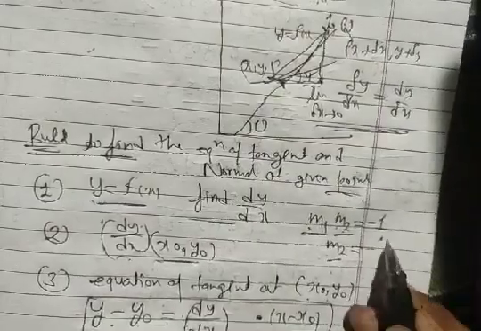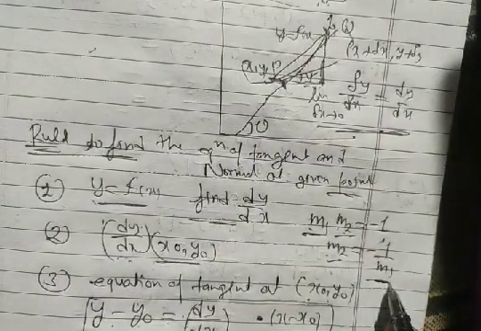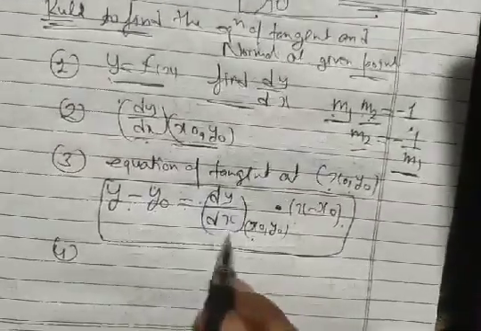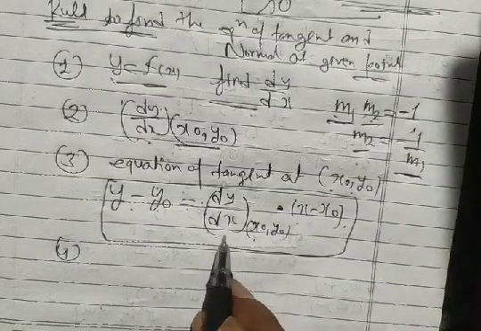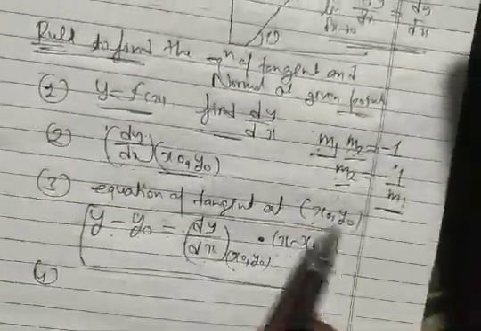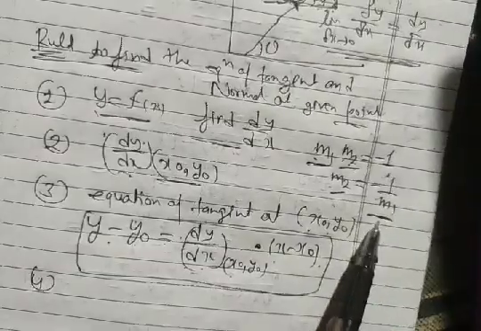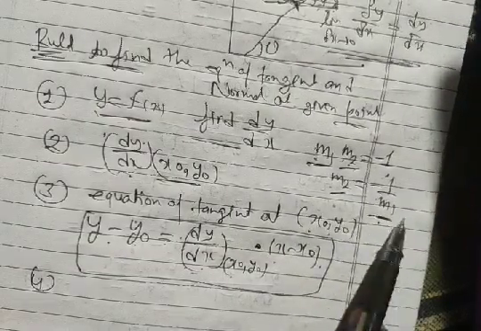So the slope of normal is minus 1 upon m1. If dy/dx represents the slope of tangent, then the slope of normal is minus 1 upon dy/dx at the point (x0, y0).